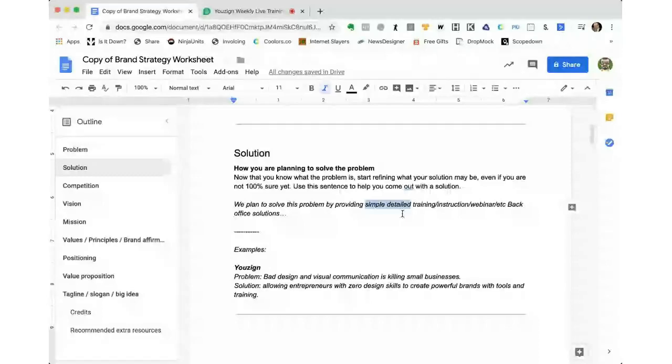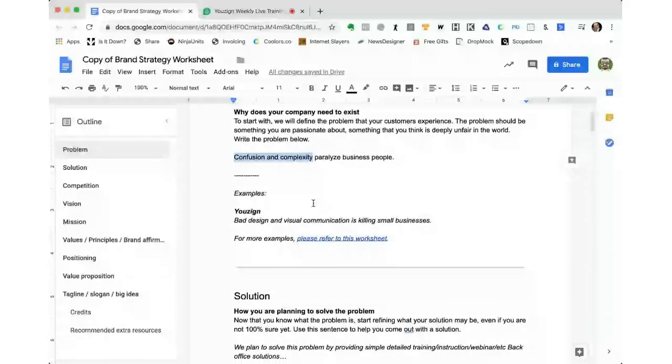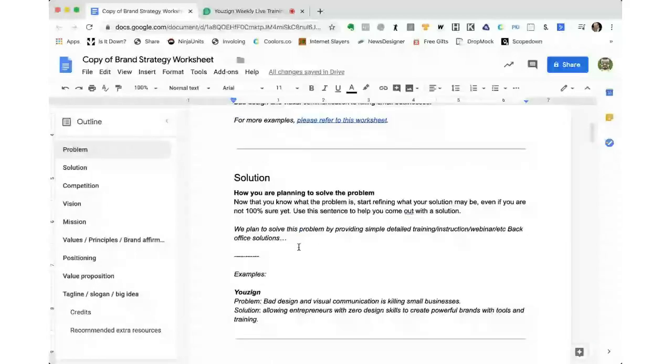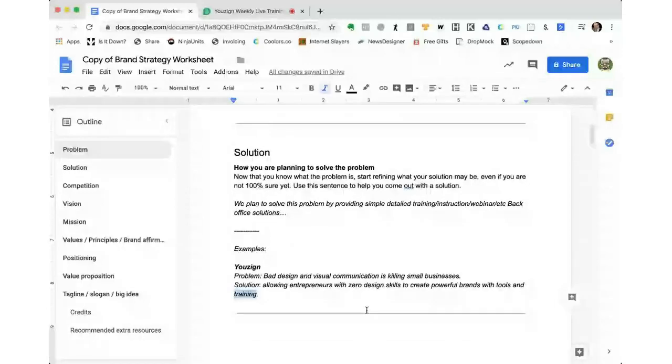And the reason why it was a good fit for me was because you can give people a great tool and they still have this problem right here, right? So by allowing entrepreneurs with zero design skills to create powerful brands with tools and training, that became the role that I was going to fill, right?